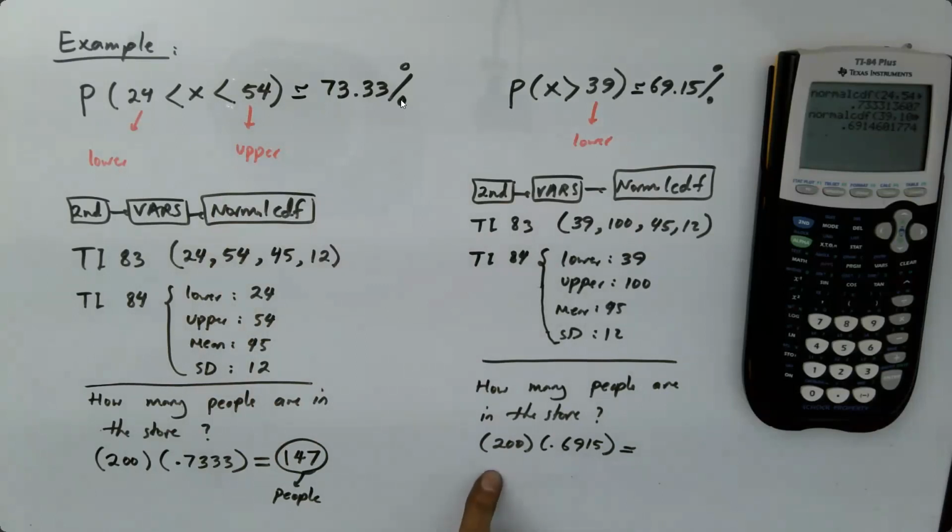If I multiply 200 by 0.6915, how many people do you have? Do the calculation and give me the number.